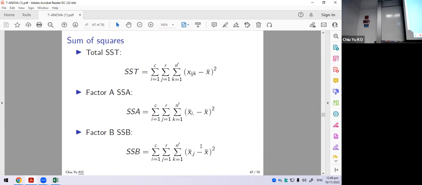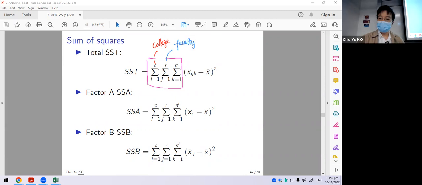SST is very simple. If you remember these three summations, the first one, you go over all the colleges, all right? And then you go over all the faculty, okay? You go over all the observations. Then you subtract each observation by the grand mean, right?